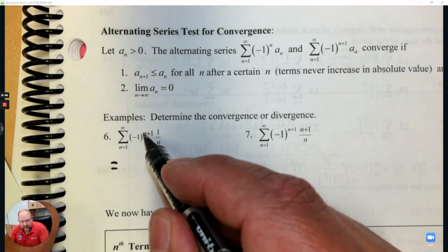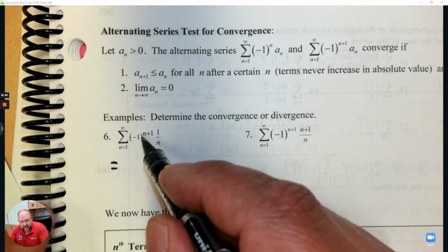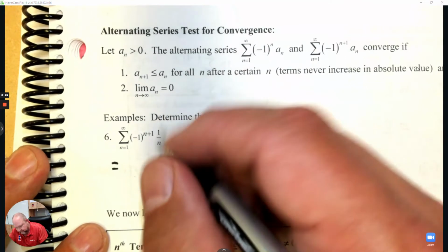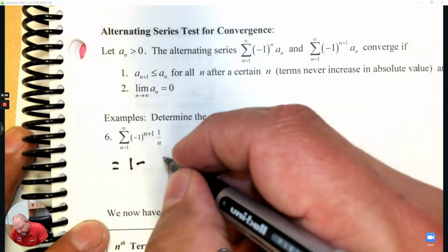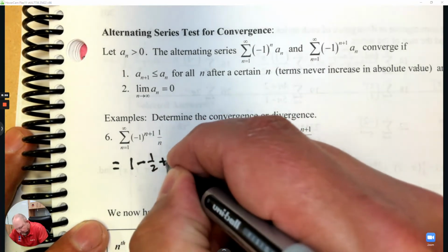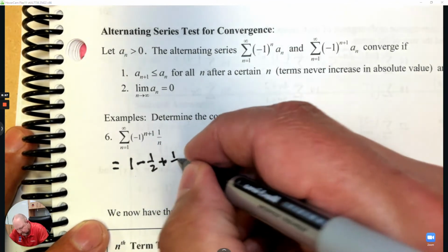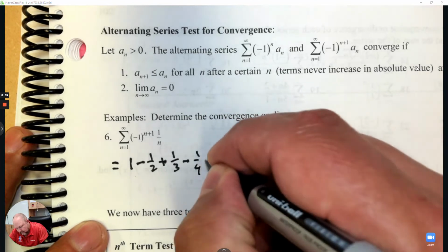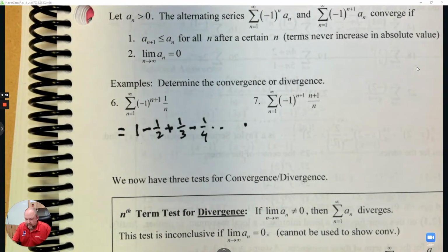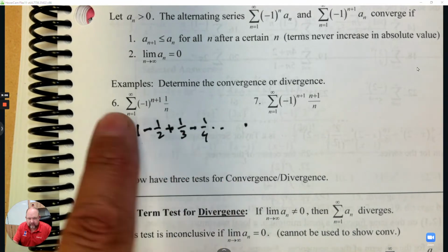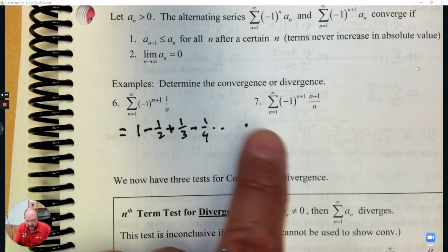So if I plug in 1, negative 1 to it's positive, and then it's going to be negative, then it's positive, and negative, and you can see what's happening. So the absolute value of every term, is it decreasing? And the answer is yes.